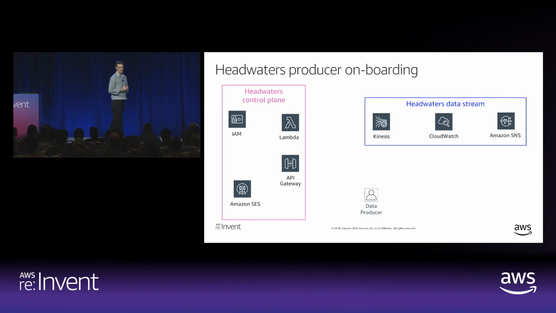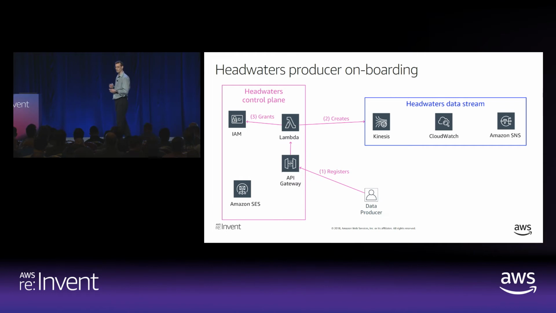So in order to understand better how our platform works, this is a flow diagram of how a data producer is going to create a stream. So first, the data producer requests the creation of a stream to our Lambda function via the API Gateway. The Lambda function is going to create the appropriate resources, the Kinesis stream and the SNS topic, and also is going to register the user to that SNS topic.